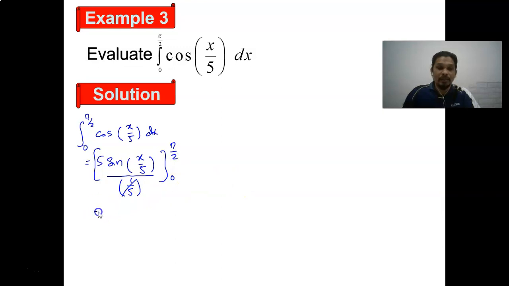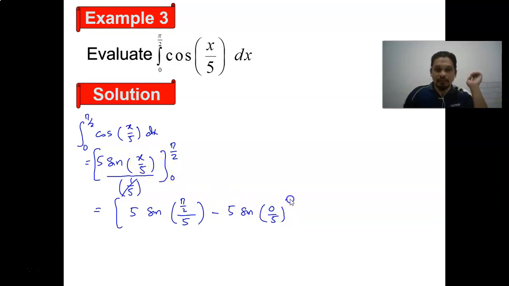Now we substitute the value of pi over 2. First, we substitute 5 sine, x equal to pi over 2, pi over 2 divided by 5, minus 5 sine x equal to 0, 0 over 5. And this, of course, turns into 0, right?